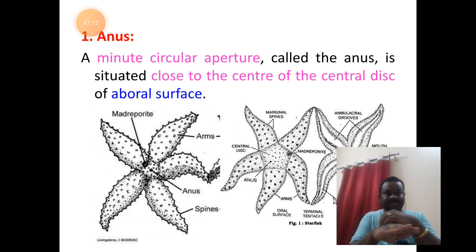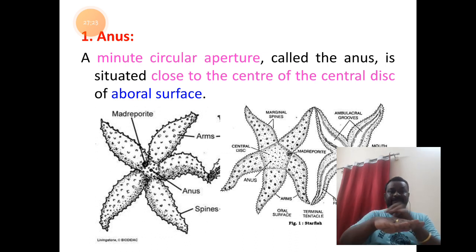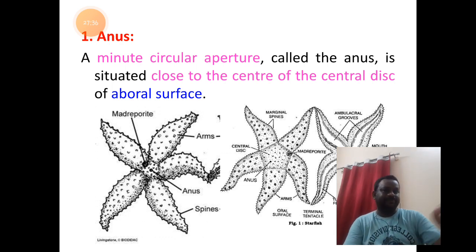When you look at the central disc to which the 5 arms get attached, on the aboral surface there is the round opening which we call the anus. So down in the picture you can find how the anus structure at the center of the central disc is seen.